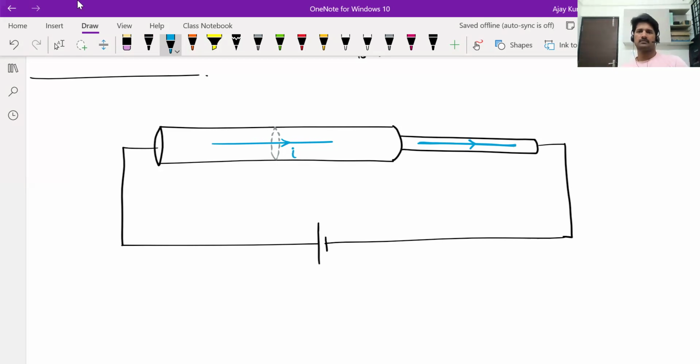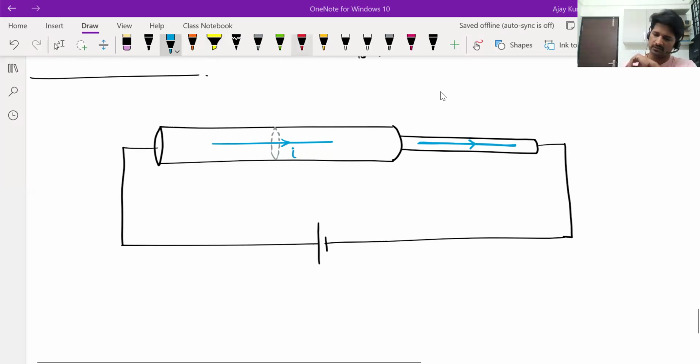What do you think? At any cross section, whether it's a junction between two wires, multiple wires, or in a single wire itself, you take a cross section anywhere, inflow of charge should be equal to outflow. So should the current in both parts be same or not? Yes. It should be same.